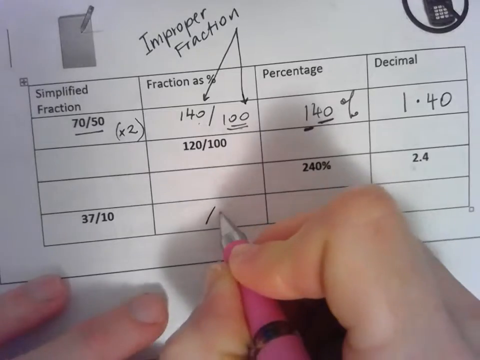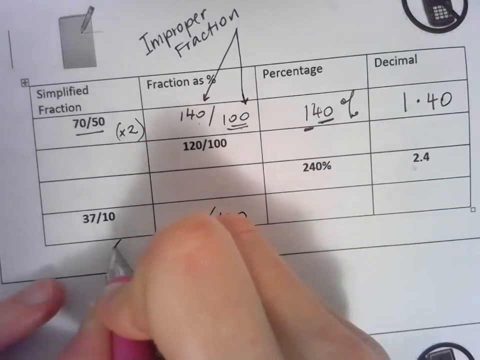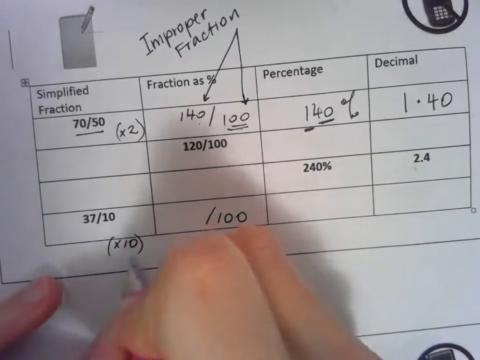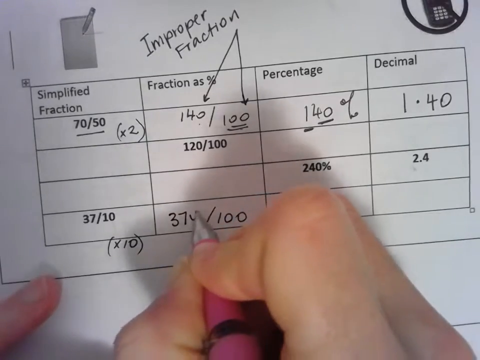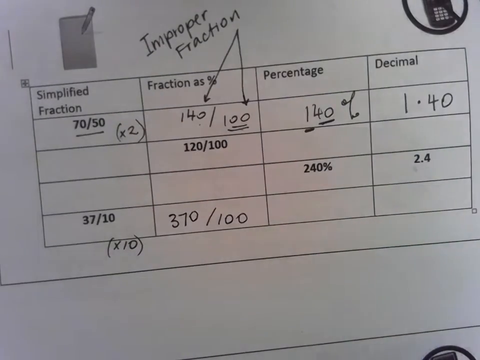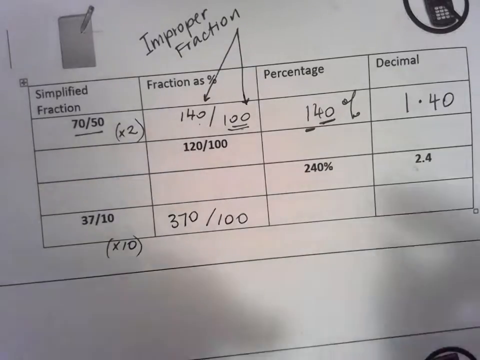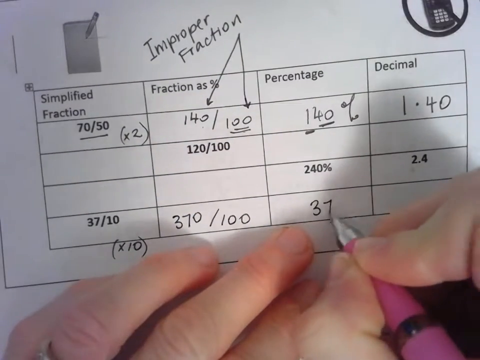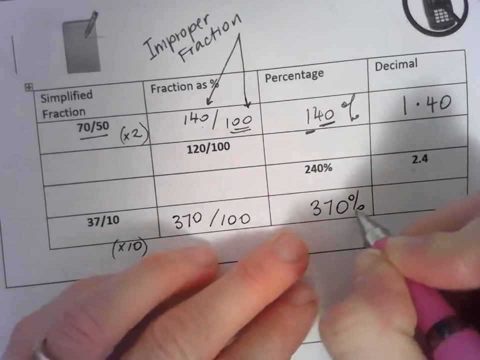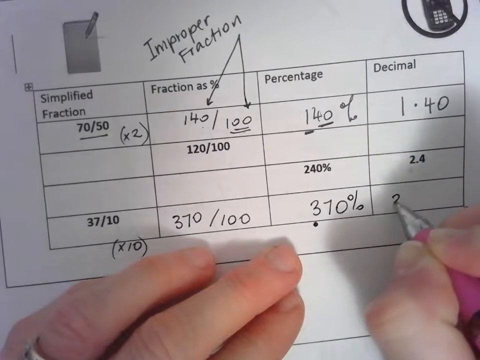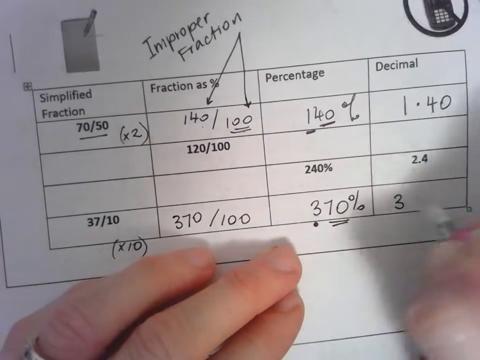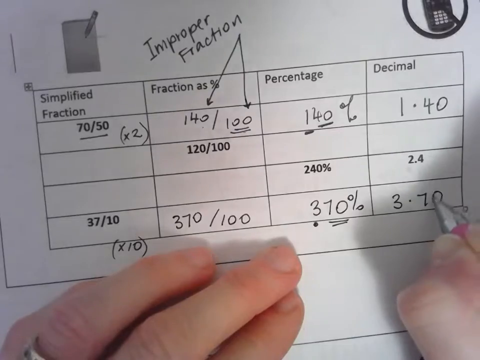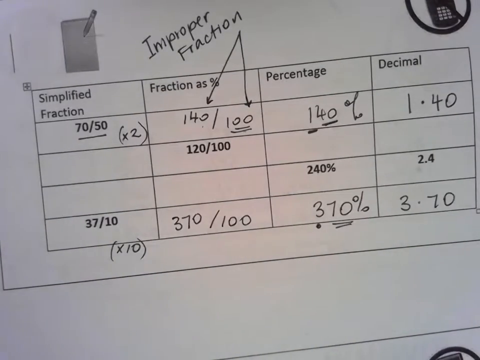So we'd have to times that by 10, and it looks very improper, very top heavy at 370 over 100. So it would be 370%. So this is your whole, and then here is your decimal part of that percentage into a decimal.